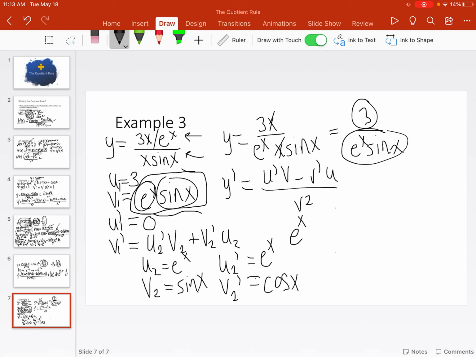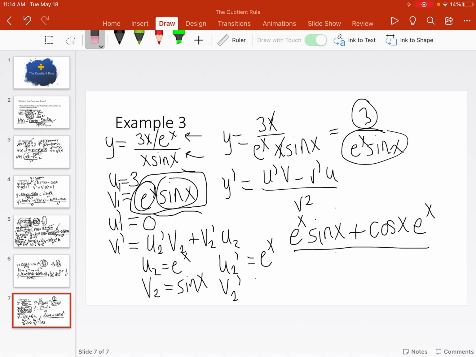Well, u2 prime is e to the x. What's v2? Well, v2 is sine x, plus what's v2 prime? It's cosine x. What's u2? Well, u2 is just e to the x. There we go, we found our v1 prime. So I'm just going to erase this. We found v1 prime. There we go.